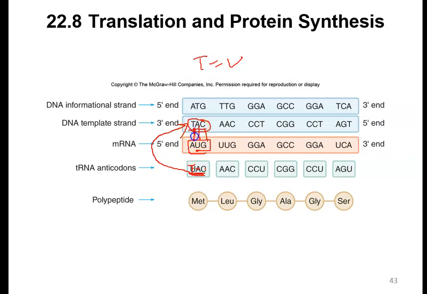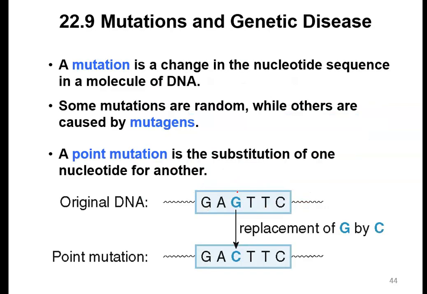So the TAC gets coded to the AUG, which then gets paired up with the anticodon, which was actually initially the same as our DNA. And then each of those has an amino acid hooked to it, and then they all hook up and form the protein. We will definitely talk more about this when we get into class.